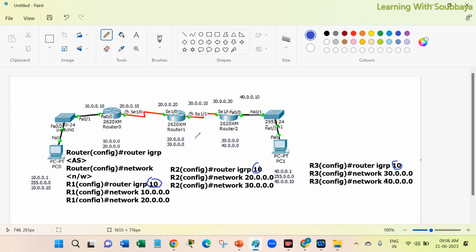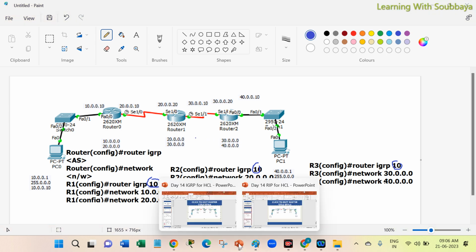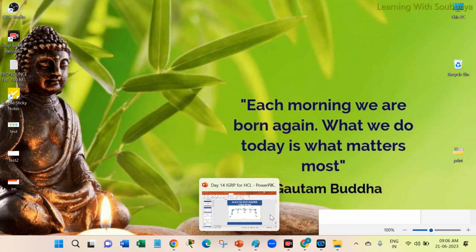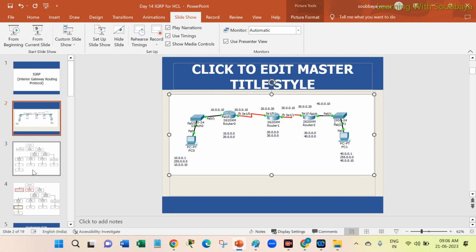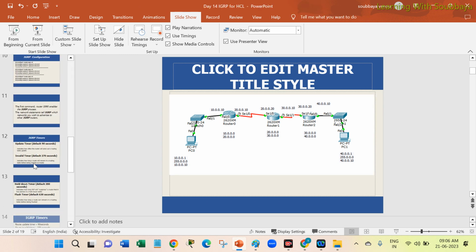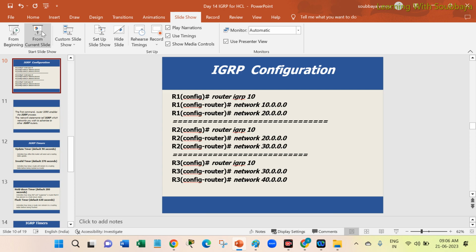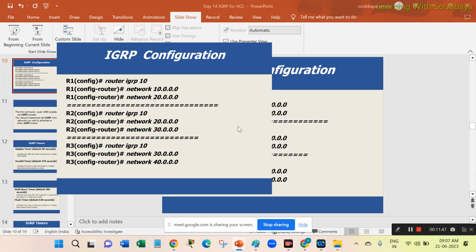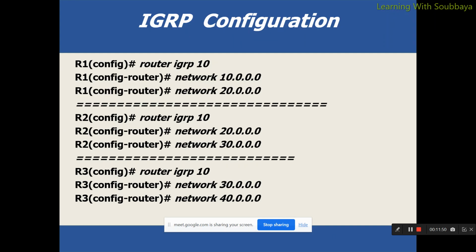The configuration for IGRP is router IGRP, network 10.0.0.0, network 20.0.0.0. Similarly, we configure the R2 router as well as the R3 router.